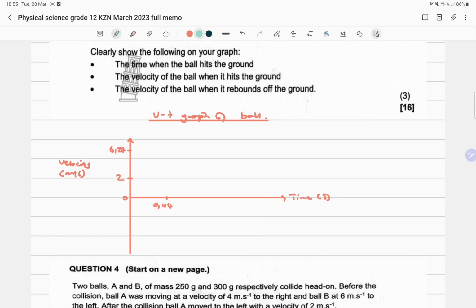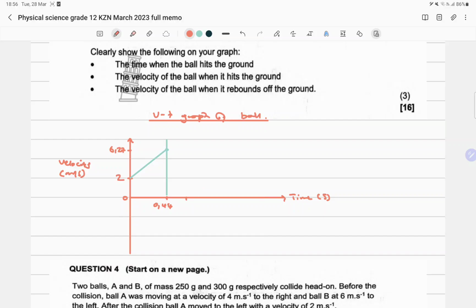So if we do this thing like this, it is like so. We started there and we went there. Don't worry, we'll sort out everything else later. And then we spent some time on the ground for a moment in time here.